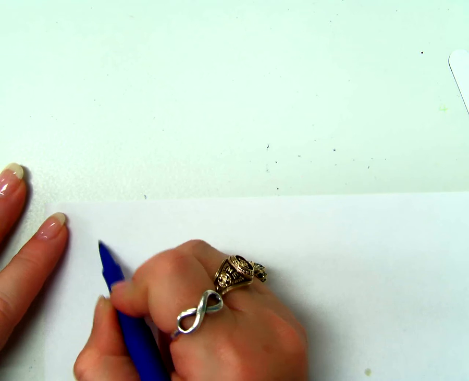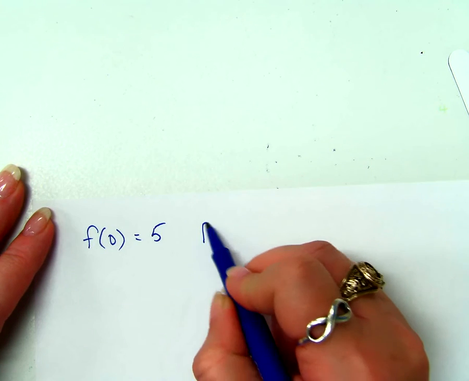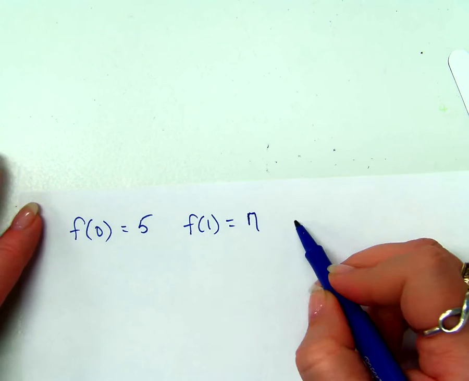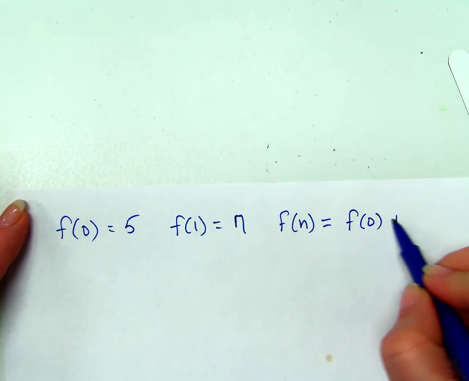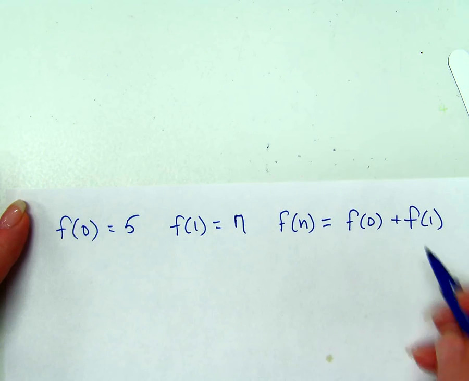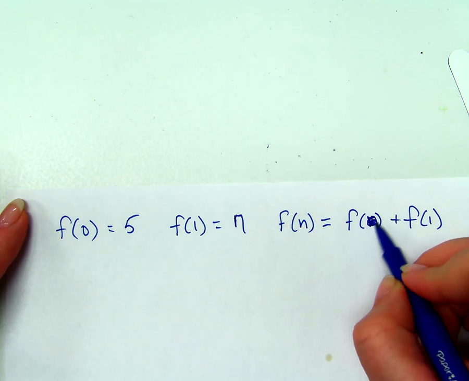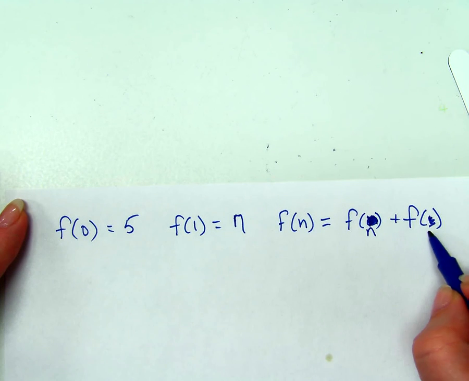I'm going to turn this paper over real quick and write some for you. Usually you know your zero term. Sometimes you know your first term, like 7. And then it'll say f of n equals f of 0 plus f of 1. No, it won't. It'll say f of n minus 1.